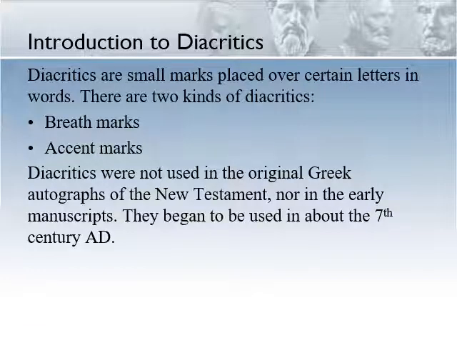And so to help people who were interested in reading the Greek New Testament, the scribes began inserting these accent marks so that people would know where to put the stress on the syllable. In today's printed texts of the Greek New Testament, we have both accent marks and breath marks preserved for us in the text, but they were not part of the original Greek autographs.